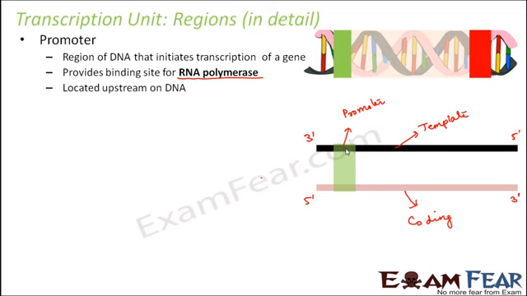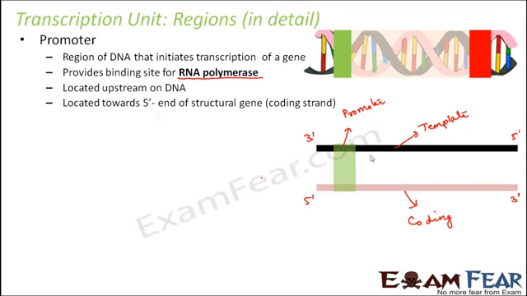Towards the upper side, where it starts, is upstream, and towards the lower side is downstream. Similarly, where the transcription unit starts is upstream, and where it ends, towards the terminator side, is downstream of DNA. So the promoter is located upstream, towards the 5' end of the structural gene.